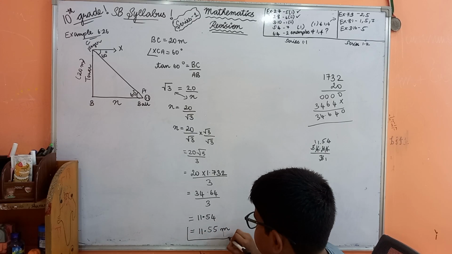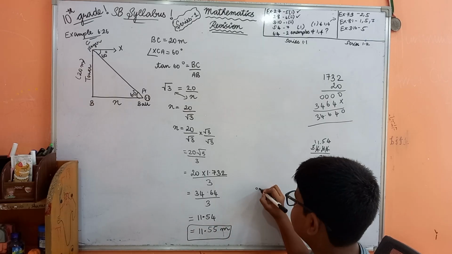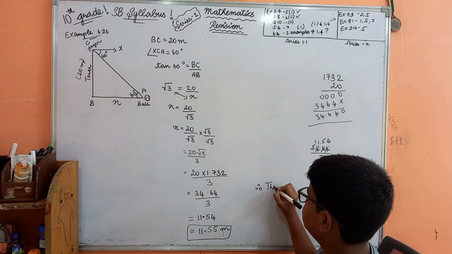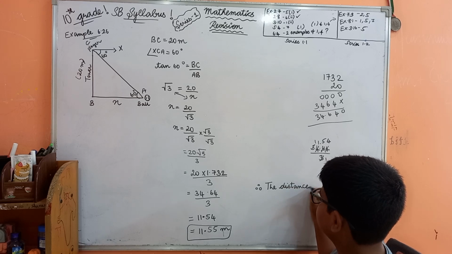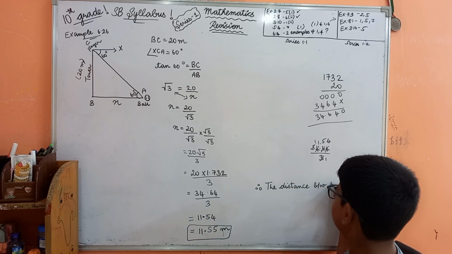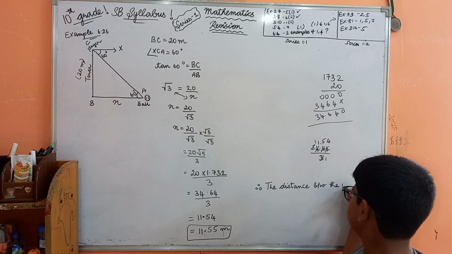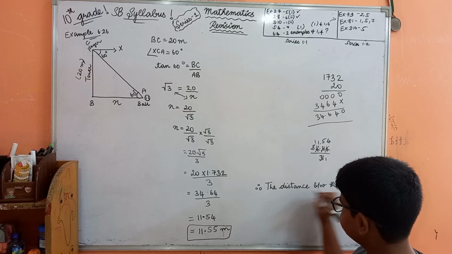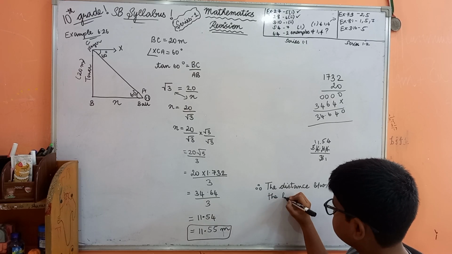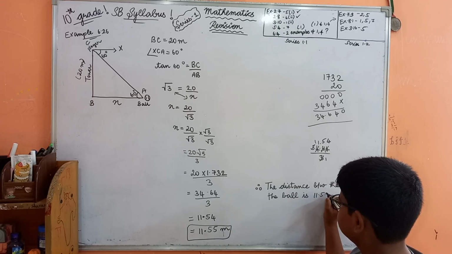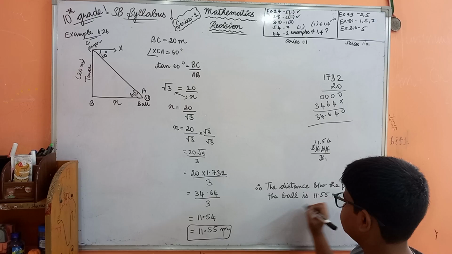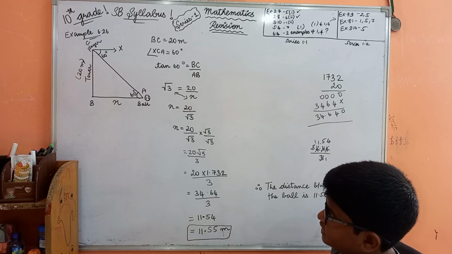So the distance between the player and the foot of the tower, therefore the distance between the player and the ball, is about 11.55 m. That's it, guys, it's as easy as that.